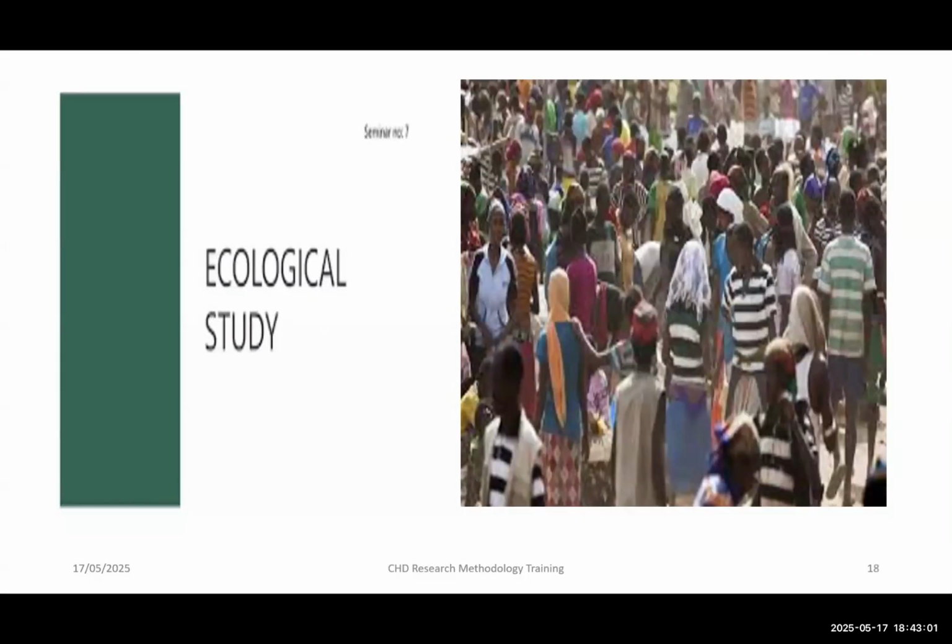Then we look at the ecological study. What are ecological studies? Ecological studies are basically studies in which the unit of observation is a group. It's not a separate individual. It's a group of people that you're studying, and you're looking at a variable in that group.